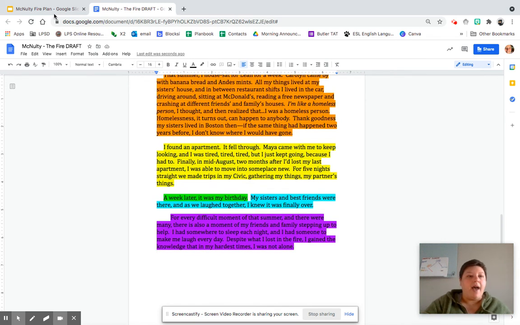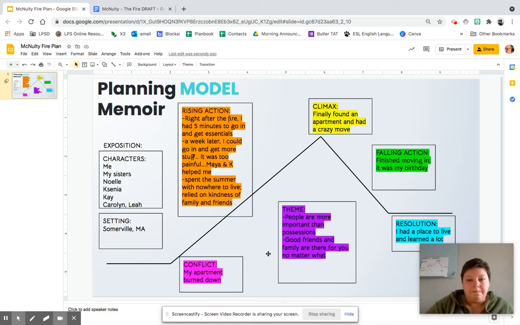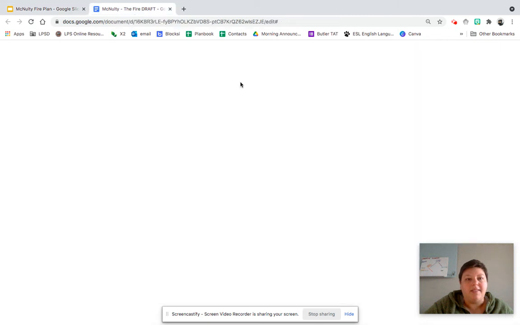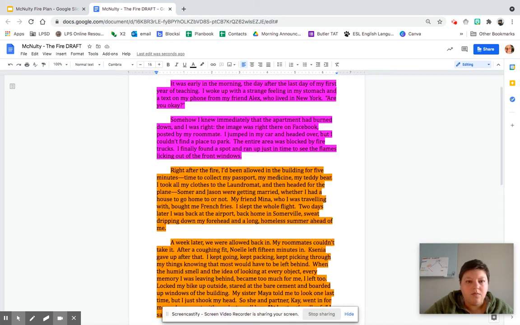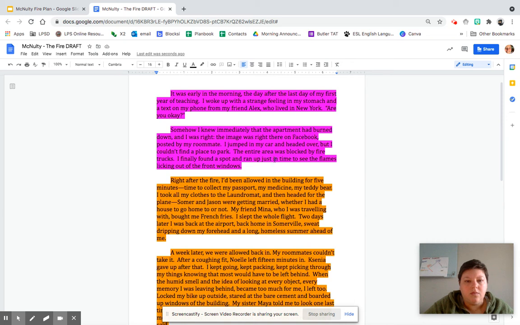So now I'm going to look back over my plan. I definitely included my characters, so that's good. Did I include anything about the setting? So I did because I described what it looked like, but I didn't say where it was.